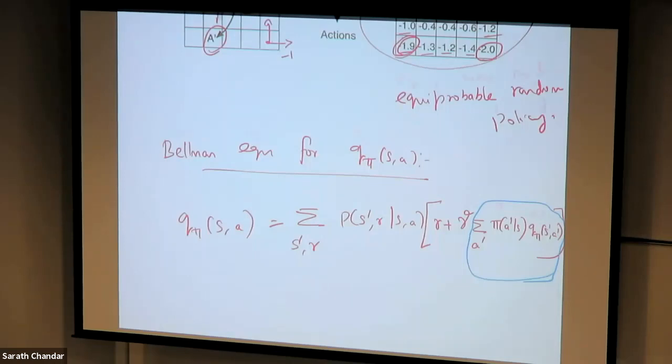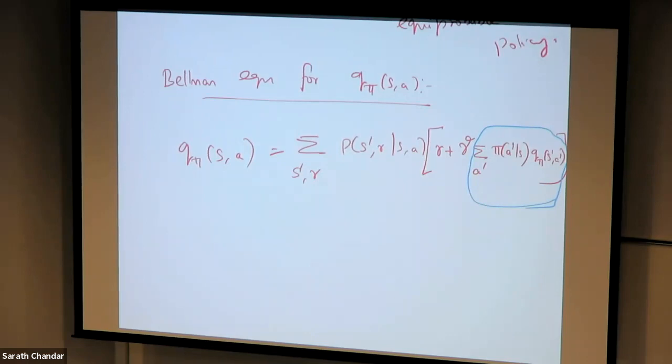So now let's look at the backup diagram on how this works. In this case, we have a state action pair. From the state action pair, with some probability, you reach future states, and you also receive some reward.